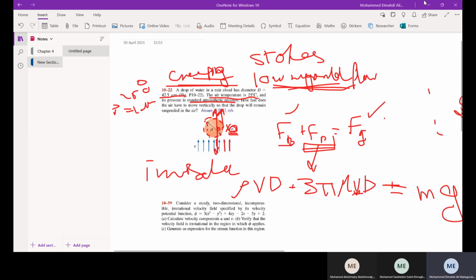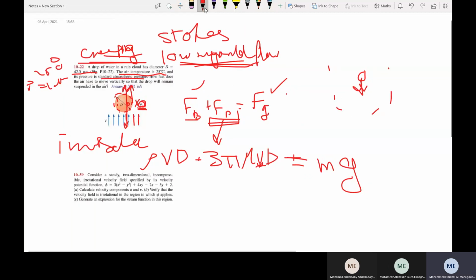So rho V g, because it's a force. Rho V g, with rho of the fluid. Here we have the velocity.